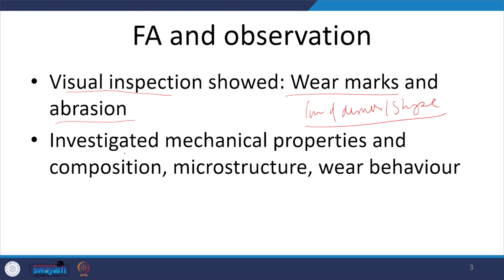In addition to the visual inspection, considering the degradation or improper functioning due to the wear, the mechanical properties, composition, microstructure and wear behavior were investigated, so that some meaningful conclusions can be obtained on why it was subjected to rapid wear.